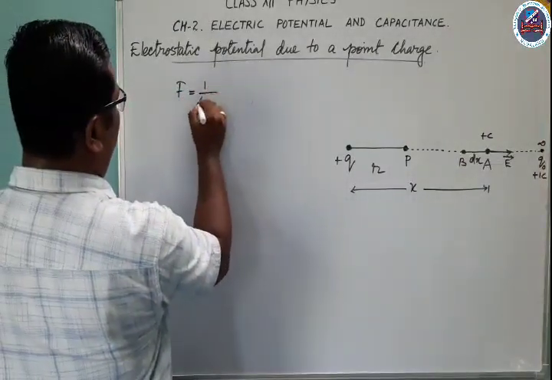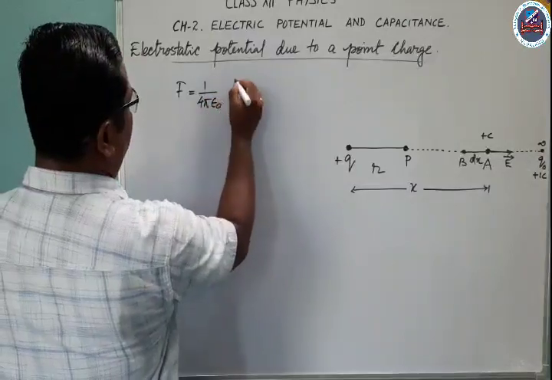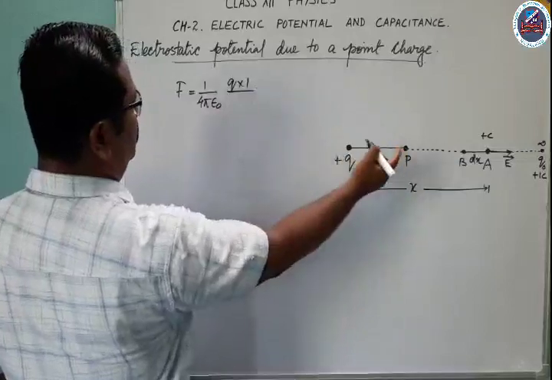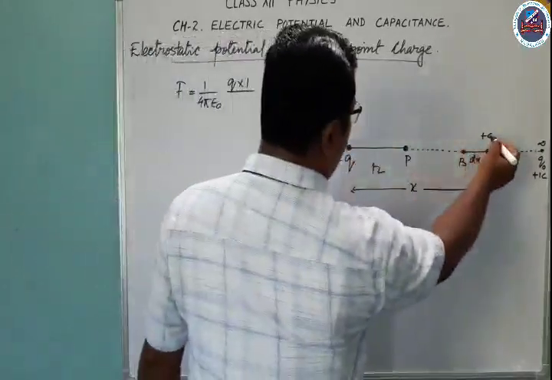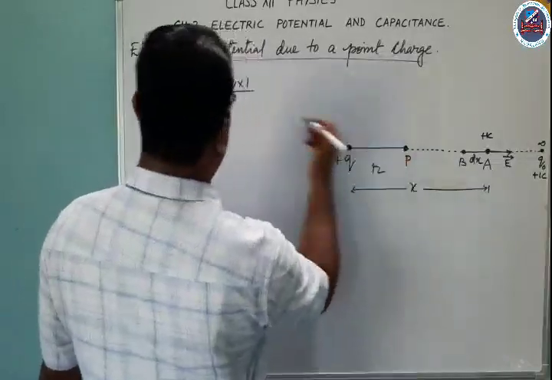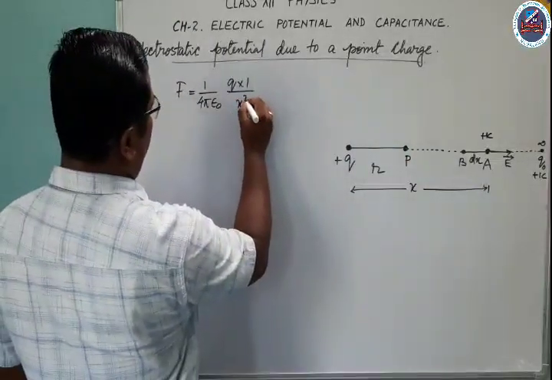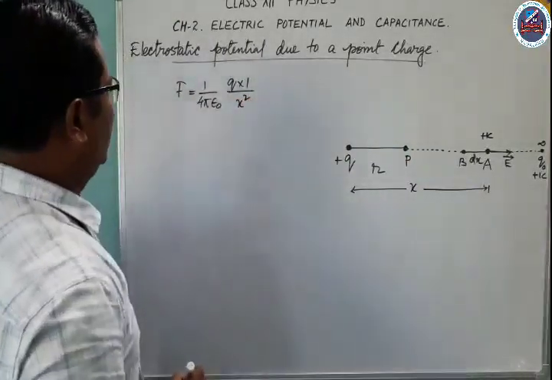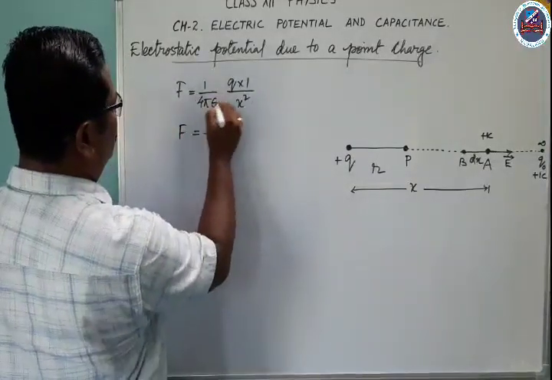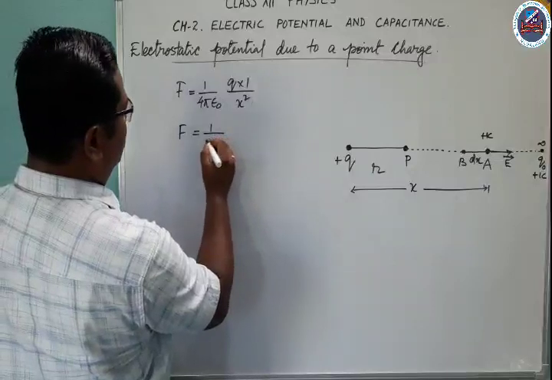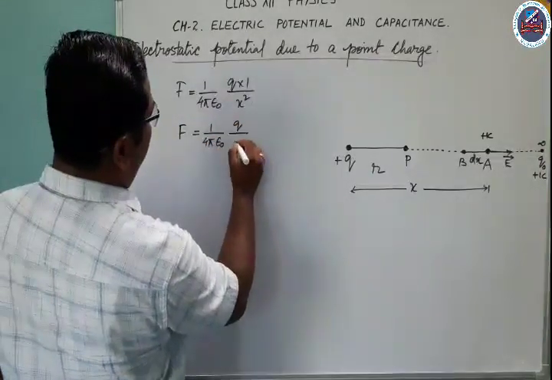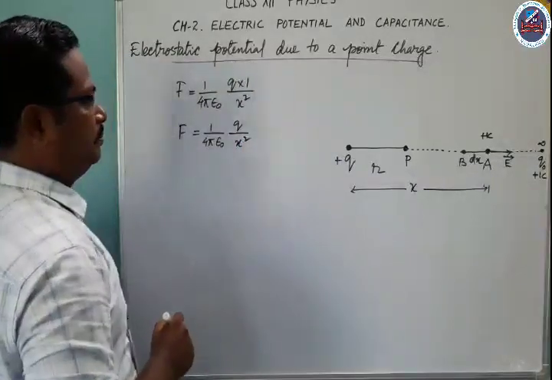F is 1 by 4 pi epsilon naught Q into 1 coulomb of charge we are bringing here, plus 1 coulomb of charge. Distance is x, write it as x square. So you will get F equal to this whole thing. You can take it as K also. So F is Q divided by 4 pi epsilon naught x square.